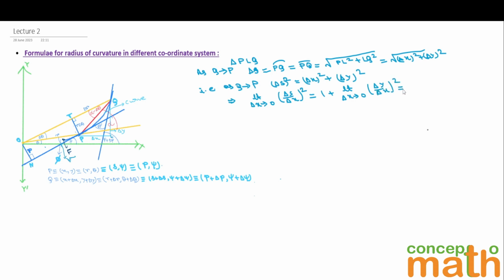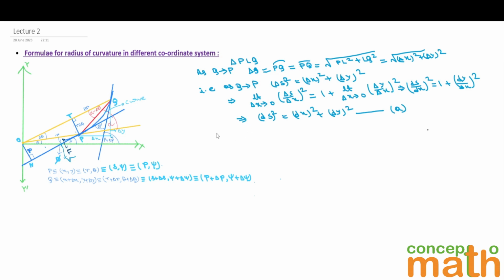So which turns out to be ds/dx whole square is equal to 1 plus dy/dx whole square, which further reduces to ds whole square is equal to dx whole square plus dy whole square. So call this equation A.